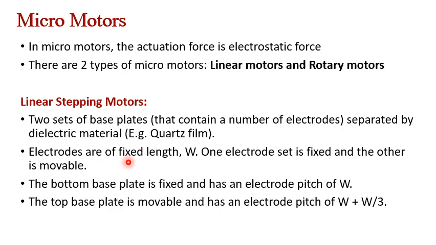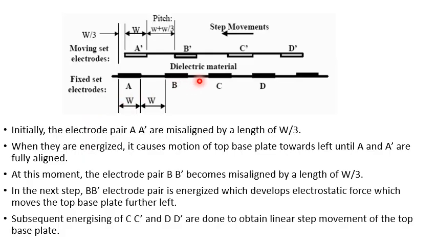Each of these electrodes has a fixed length of W, and one base plate is fixed and the other is movable. Here the bottom base plate is fixed and has an electrode pitch of W, and the top base plate is movable and has an electrode pitch of W plus W by 3. This figure shows the working principle of the linear motion between two sets of parallel base plates.